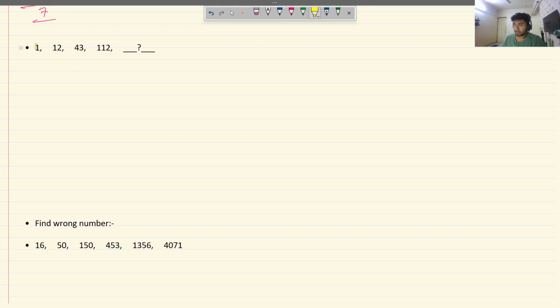here also you can see the number is starting from 1 and going up till 112. It will further increase. So for the last term it will be more than 112 because it is an increasing series. All the numbers are gradually increasing from one another. So, with respect to 100 200 range, there might be again some multiplication or square or cube.